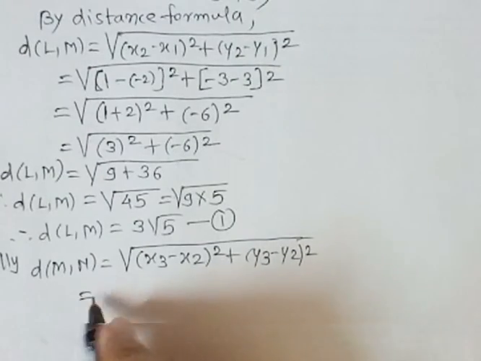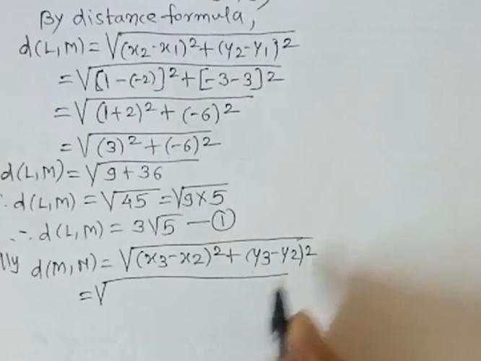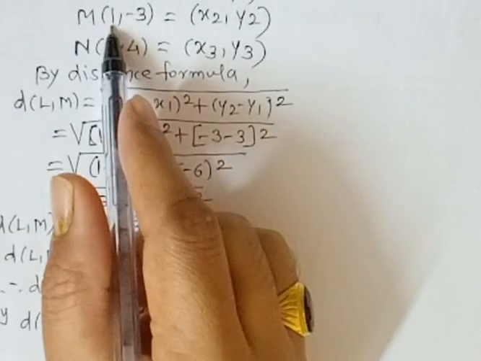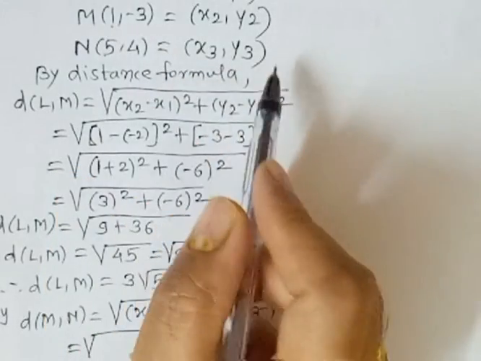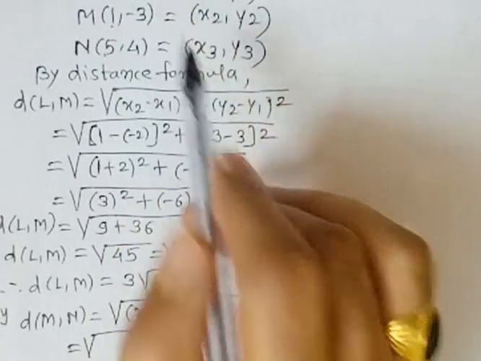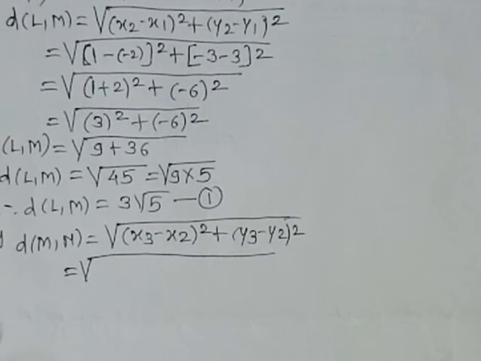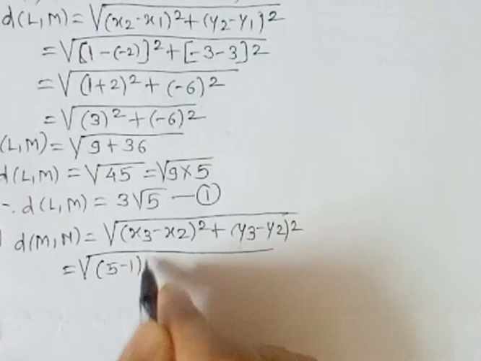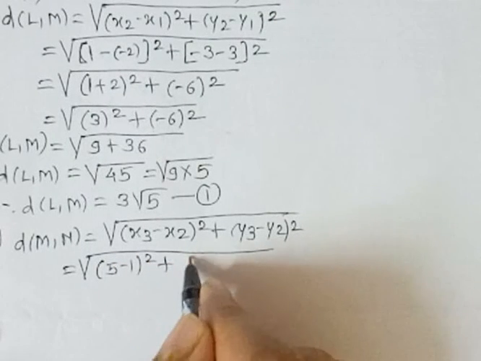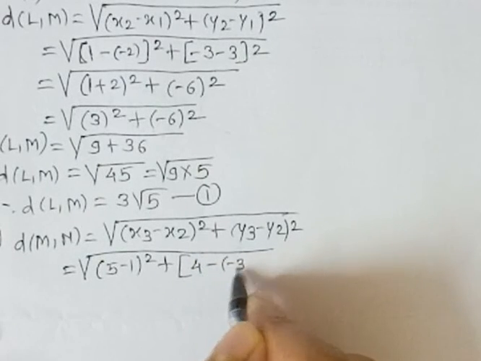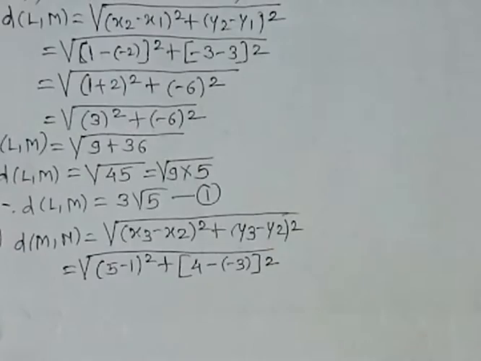Now tell me x3 is here, x3 is 5, minus 1, to the whole square, plus y3 is how much? 4 minus minus 3, to the whole square. I write here (5 − 1)² + (4 − (−3))².